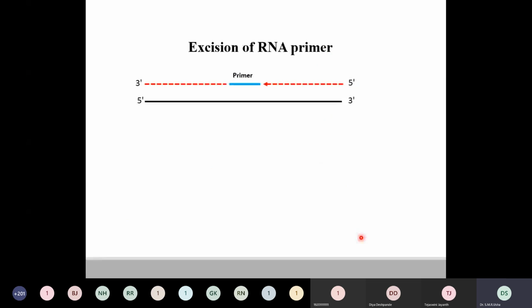Now we have to remove the primers. So let us say we are on the lagging strand, and so many RNA primers are there. For sake of convenience, I have shown only one primer. The primer is removed in eukaryotes by an enzyme called ribonuclease, RNase.